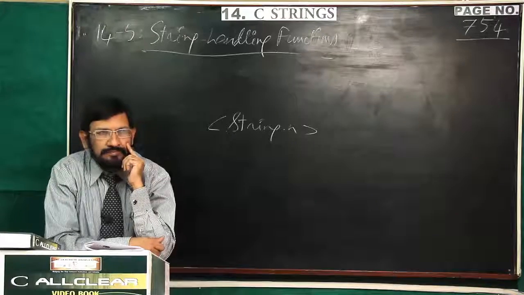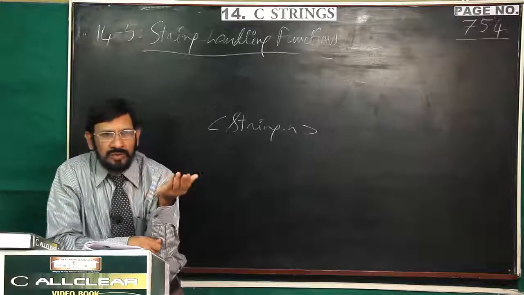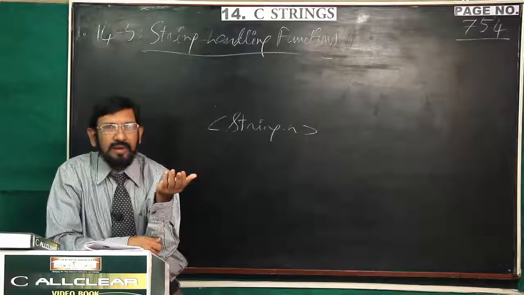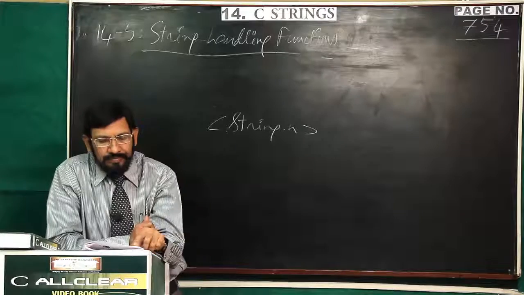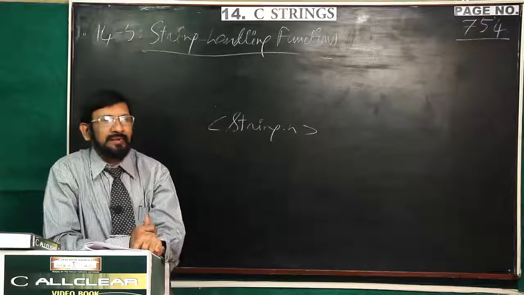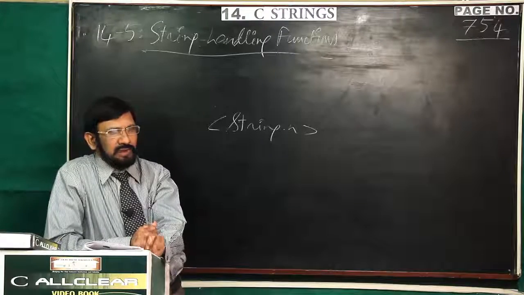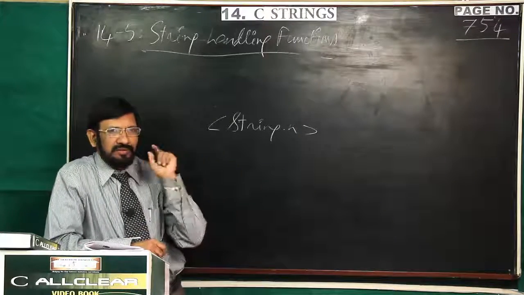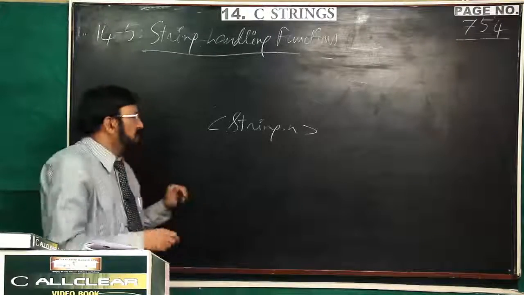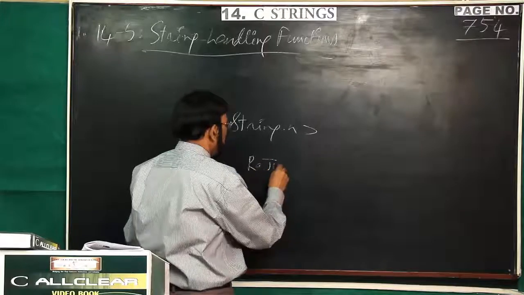strcmp, string compare: two strings are compared, that is, whether they are identical or not. And stricmp: the strcmp function works on identical strings, identical meaning the same case also. Suppose the case is different, suppose Raju written in different ways.